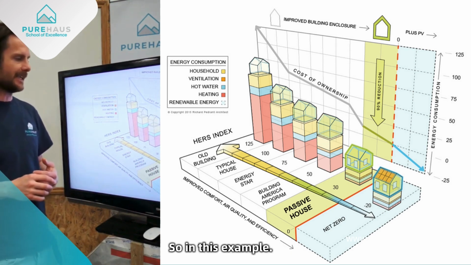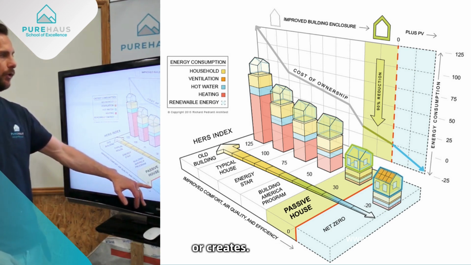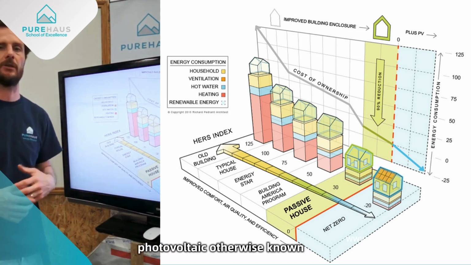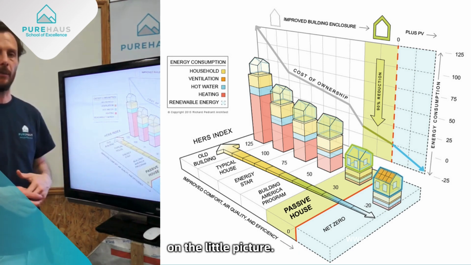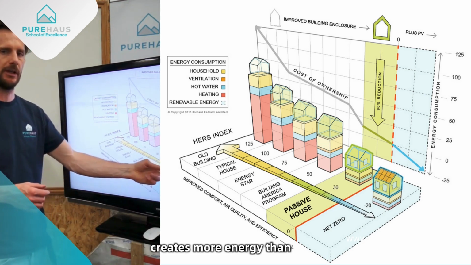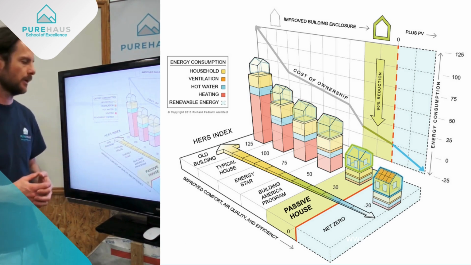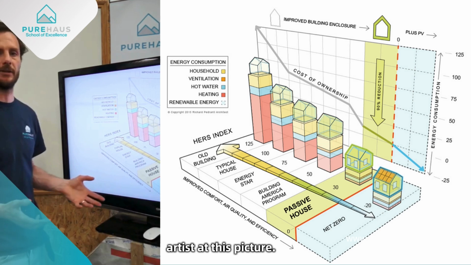So in this example, I think what they're trying to say is that this house uses or creates, they say that they've got PV, so photovoltaics, otherwise known as solar panels, on the house. In fact, we can even see it on the little picture. I think they're trying to say that this house creates more energy than it's using. So it's net zero. But that is a phrase that has been chosen by the artist of this picture.